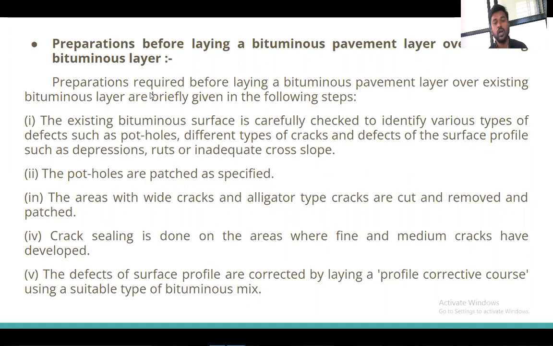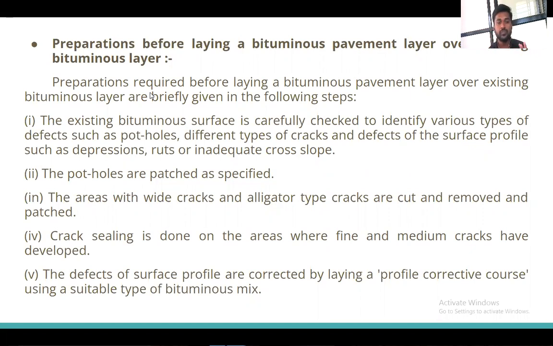Then the areas with wide cracks, alligator type cracks, are cut, removed and patched. If we can fill the crack, then it is okay. If we cannot fill it, if the material around that crack is loosened, then what do we have to do? We have to break that area, take out that material, and go for the patch.